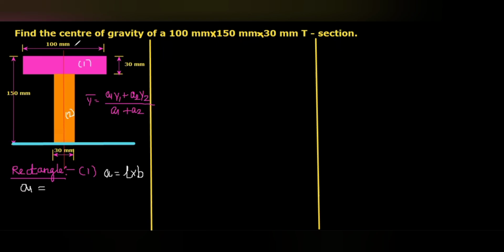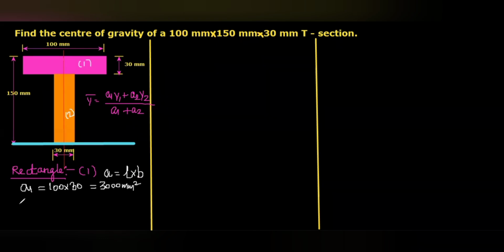Here for the first rectangle, the length is 100 and the breadth is 30. So you can substitute 100 multiplied with 30, and we will get 3000 mm square.